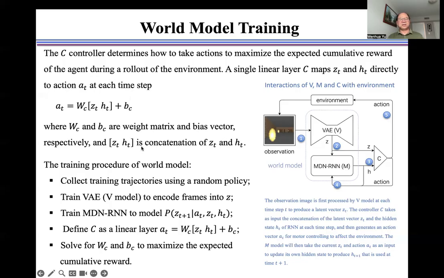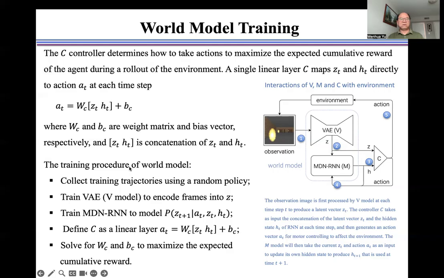And this is a concatenation of ZT and HT. Here is the interactions of V model, M model, and the C controller with the environment.